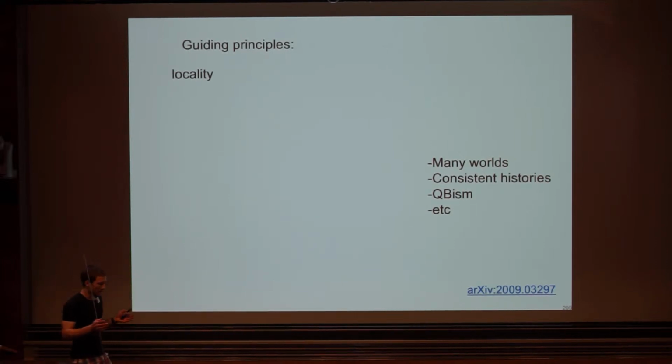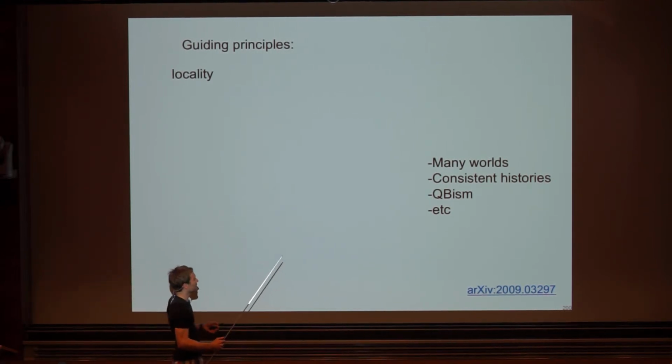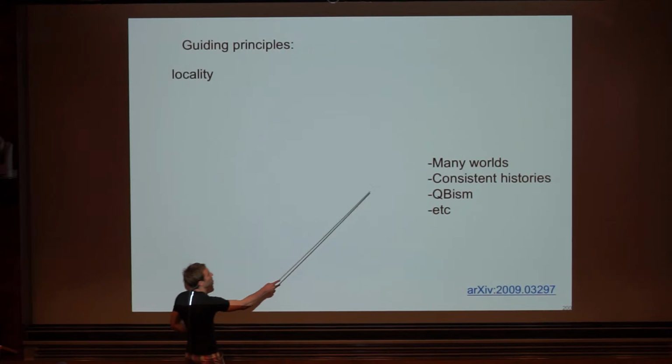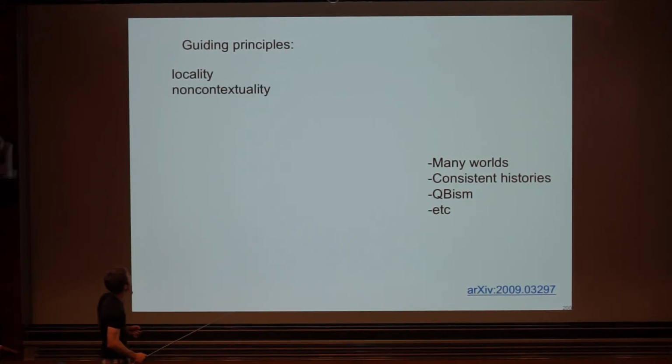And we want to have some constraints on what kinds of realist interpretations we think are interesting. Pretty much everyone that I know agrees that locality is a good principle. If you can seek realist explanations that are local, that's preferable to seeking those which are not. And so all of these purport to be local realist explanations. But from our perspective, as I've already said, we also want to look for realist explanations that allow you to be non-contextual, or to satisfy Leibniz's principle, if you like.